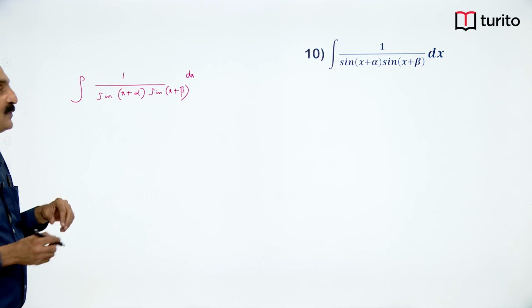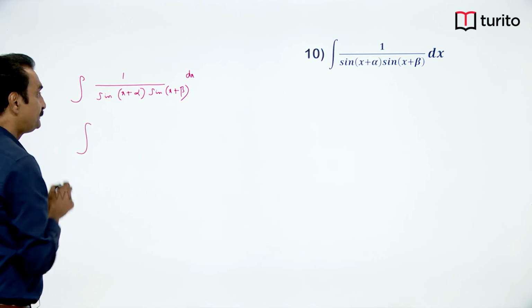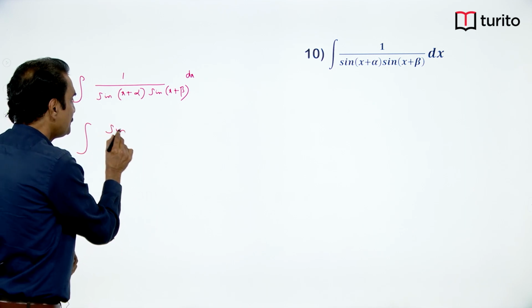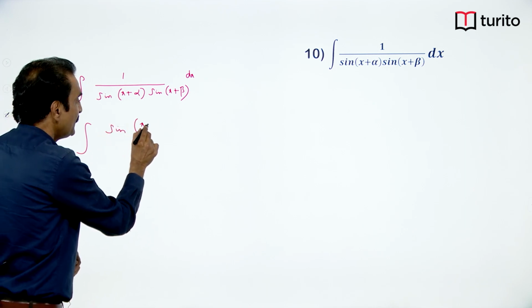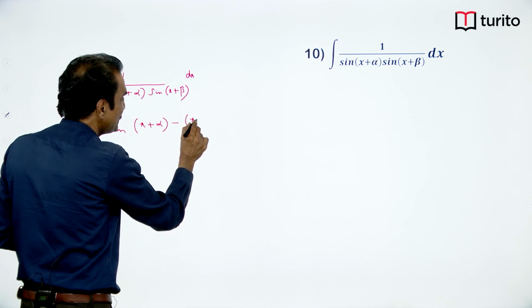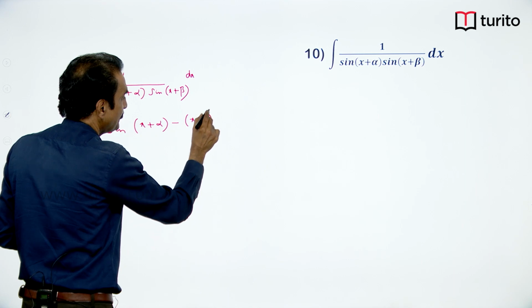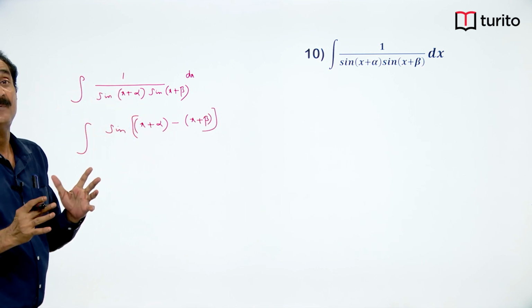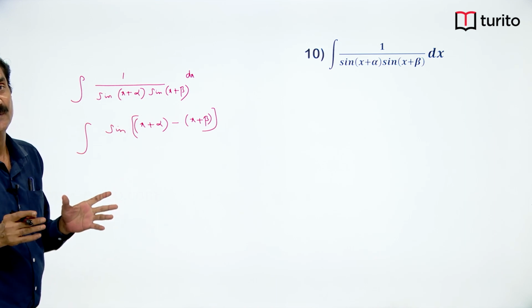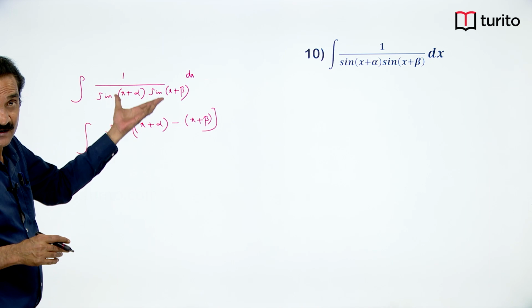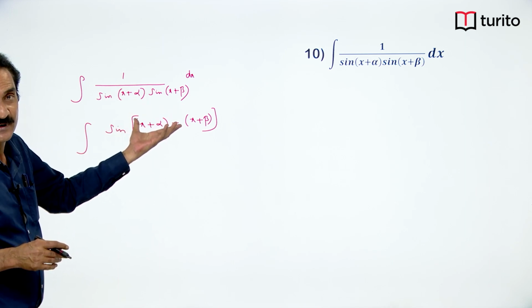So, we write numerator as sin of x plus alpha minus of x plus beta. What is this? Sin alpha minus beta, which is constant independent of x. That means we have multiplied the integrand by sin of alpha minus beta.